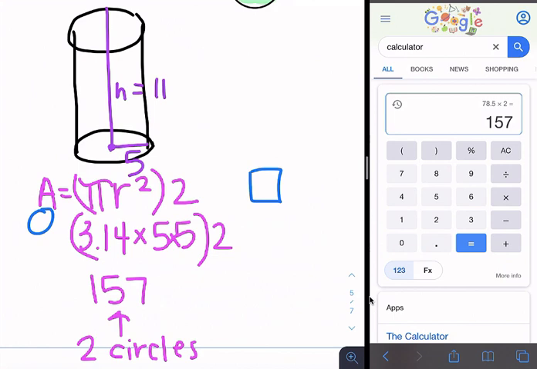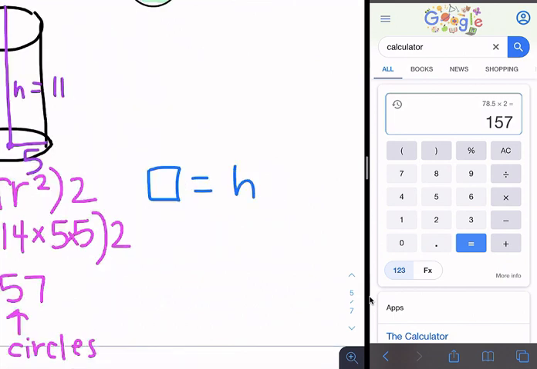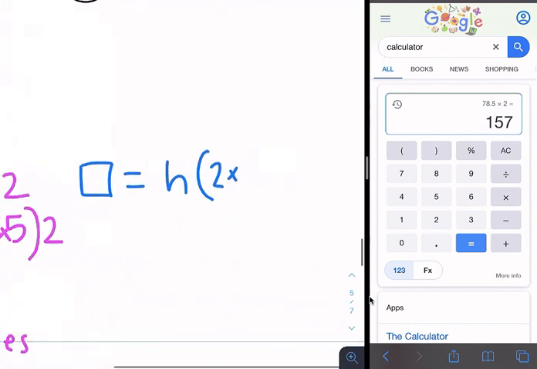We have our height, which is 11. So height times circumference, which is 2 times pi times the radius.